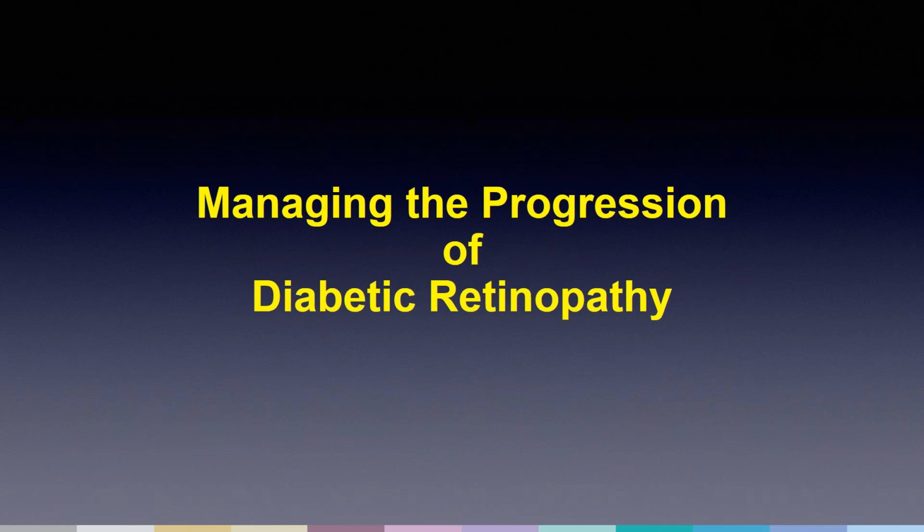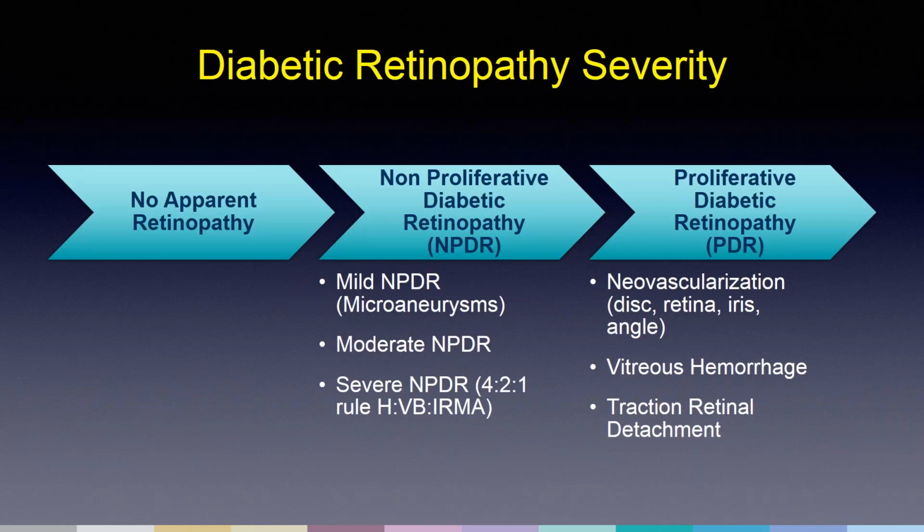What about people who have diabetic retinopathy and we're trying to slow the progression? Is there any role for omega-3s in that? Well, when we look at the severity of diabetic retinopathy for people who are newly diagnosed with diabetes, they usually present with no apparent retinopathy, and this could last for years.